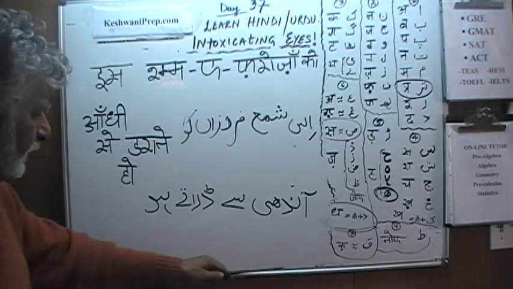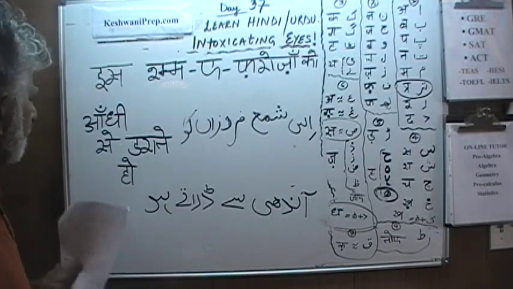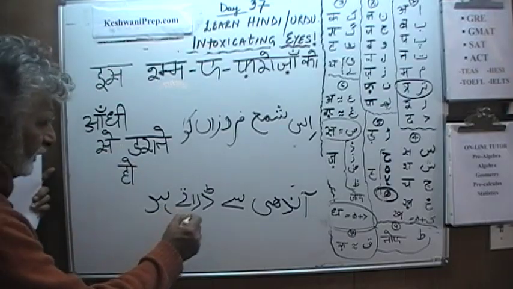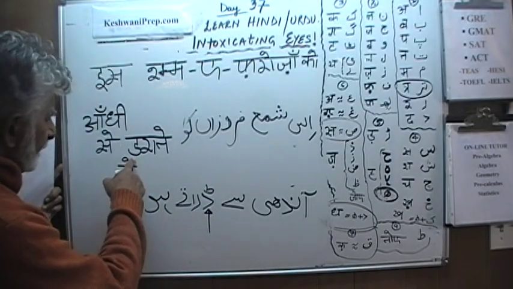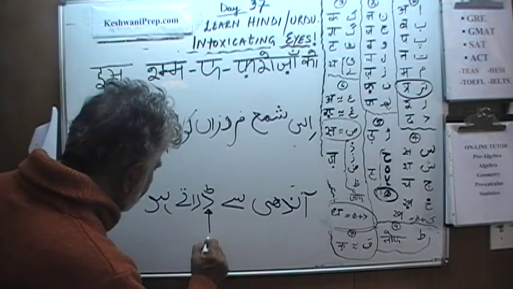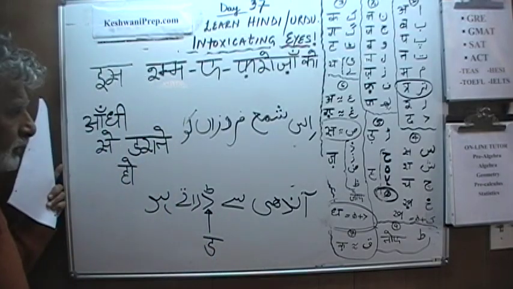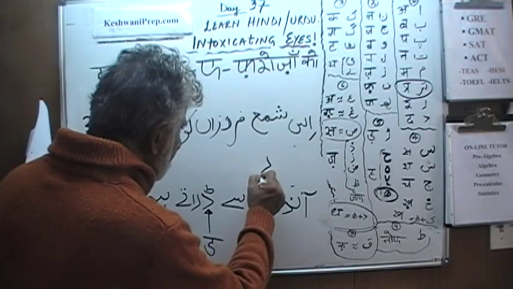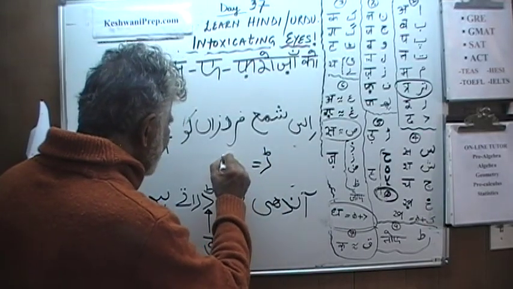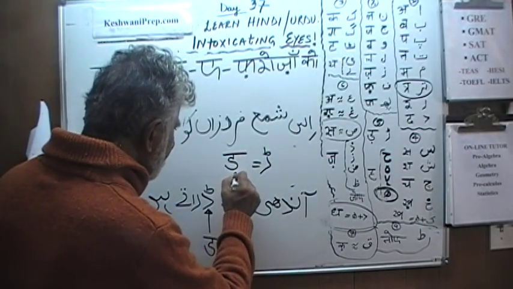Before we go to the next one, I just want to make a quick stop here and talk about this letter D, this letter that you see right here. It looks like this, as you can see. This is the D. But if you wanted an R, it would be the same letter in Hindi, except you would put a dot under it.